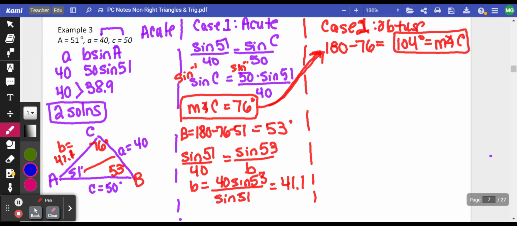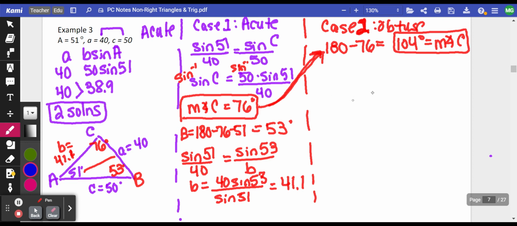But we actually have to go to case 2 to show, hey, this is the other way this problem could have landed, because this is the other triangle we could have drawn. So if you recall, we have a 51-degree angle, but we also now have a 104-degree angle.